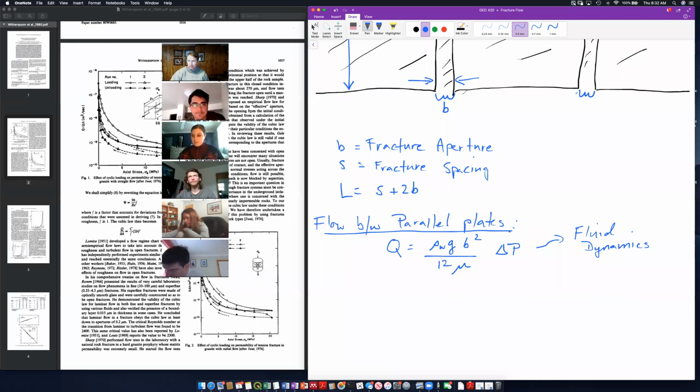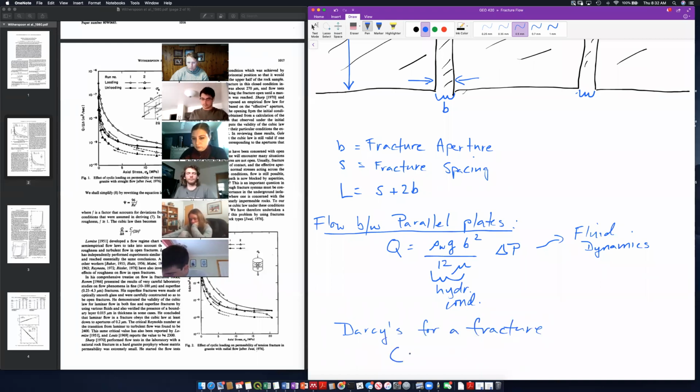We could think about this as the driving force, like head, and this here is the hydraulic conductivity. So we can write Darcy's law for a fracture: Q is equal to K A delta H over delta L, right?